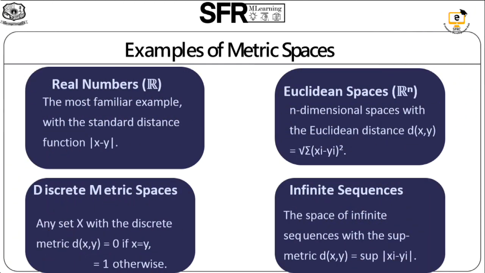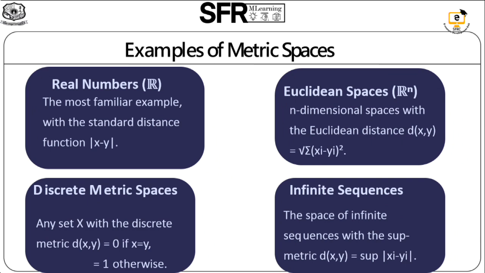And we are going to give the examples of various metric spaces. I want to define various metric spaces in this session, that is real numbers, Euclidean spaces, discrete metric spaces, infinite sequences. Real numbers: the most familiar example with the standard distance function is d(x,y) = |x - y|. In this session we are going to see deeply about that.